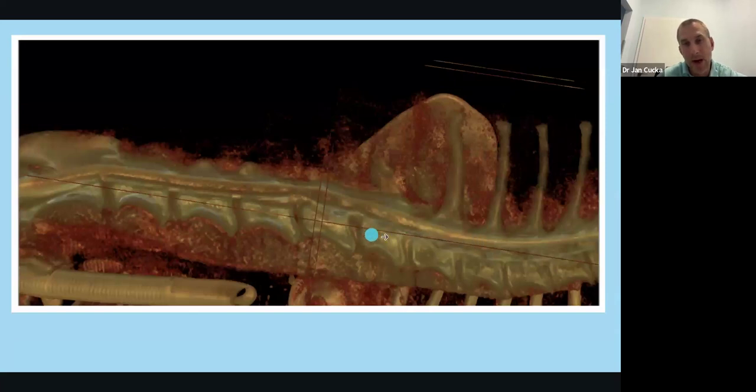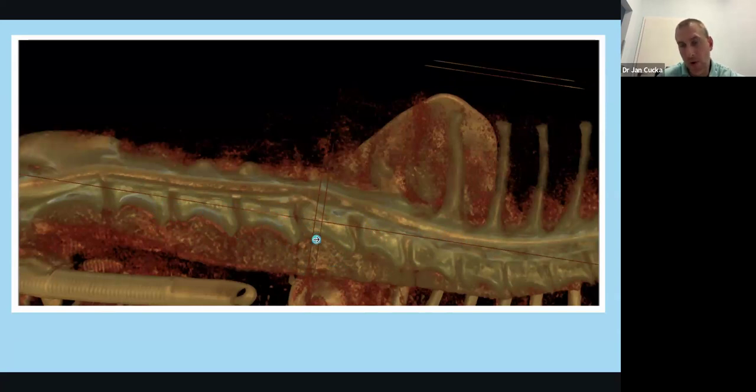There are some other toys which we can use on the CTs. This is a 3D reconstruction of the myelography, and you can see 3, 4, 5, 6. There is disc material in the spinal channel.